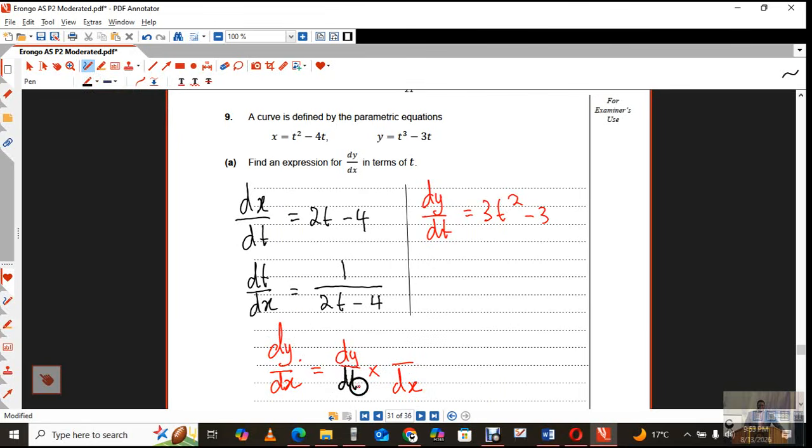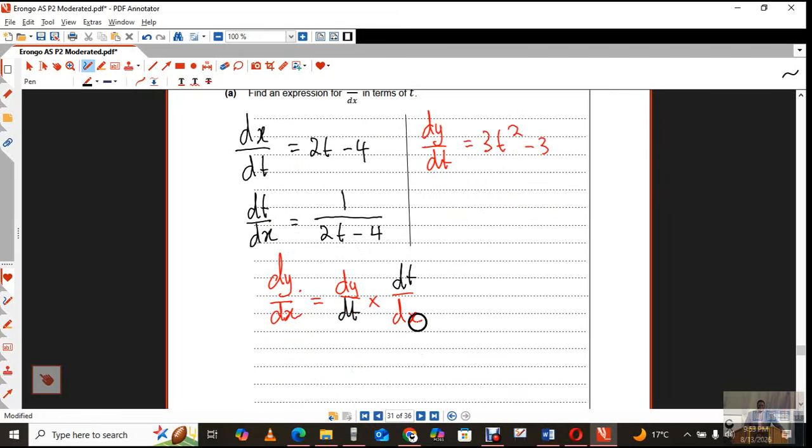Here you have dt dt, so those dt's are cancelled. Can you see why I had to change my dx dt to dt dx? So dy dt from what we have is 3t squared minus 3 divided by, because this one is all over, 2t minus 4. This here is dy dx.